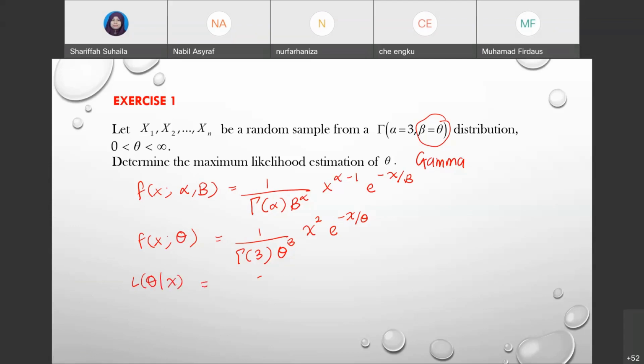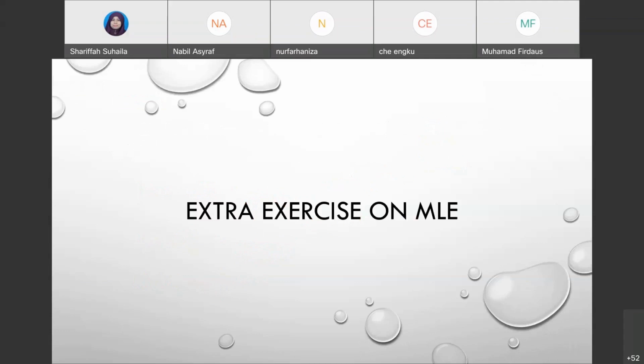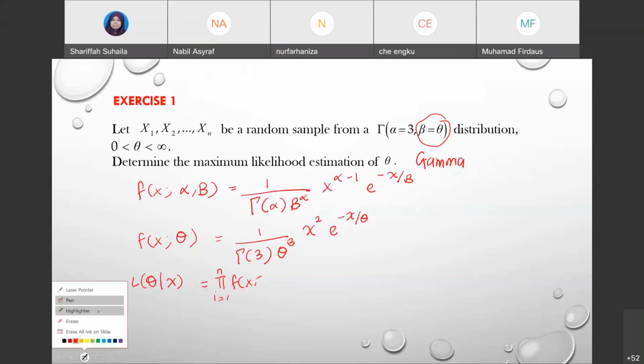So kita ada product of your likelihood function, which is i equals to 1 up to n, f xi theta. So again, bila kita dah gantikan alpha equals to 3, so that means gamma 3 tu is a constant. Dia bukan lagi in terms of a function of your parameter. It's just a constant.